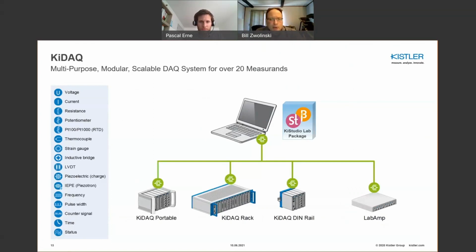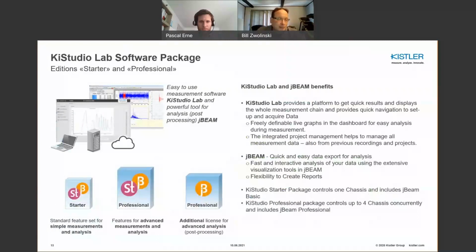The concept behind KeyDAC is a general platform for data acquisition that can accommodate over 20 measurands and allows you to take synchronous data in on one unit and make high-level decisions to see how your measurements really performed. Certainly with any platform such as this, you also need software.